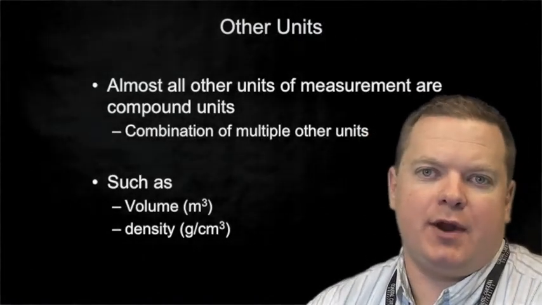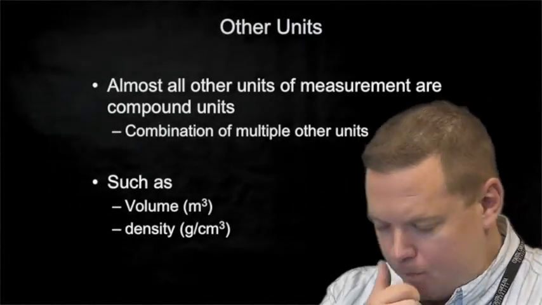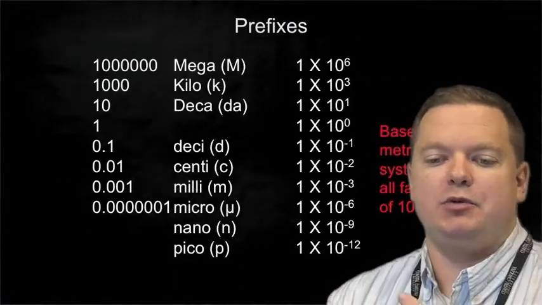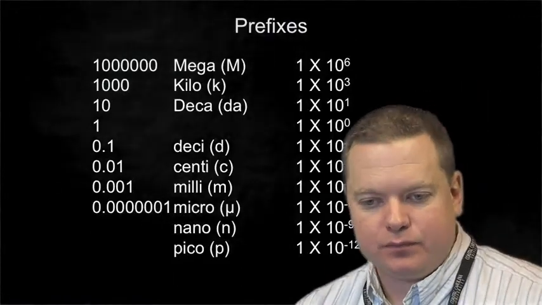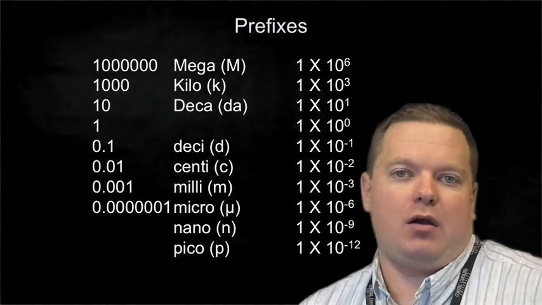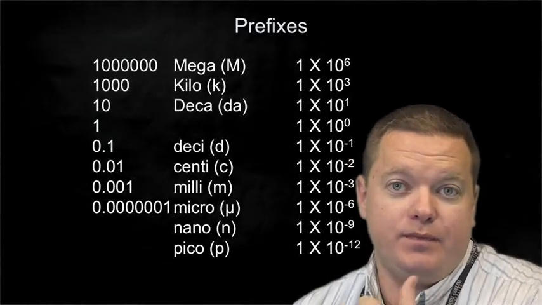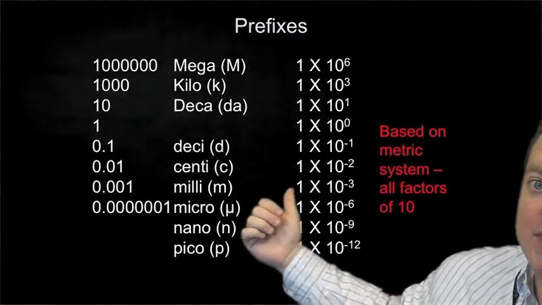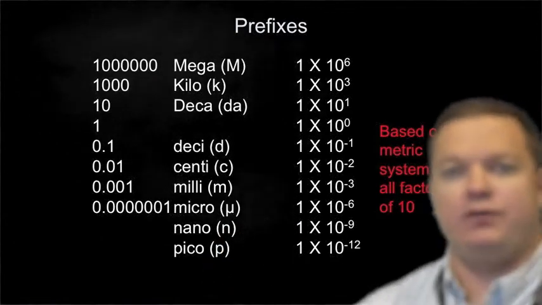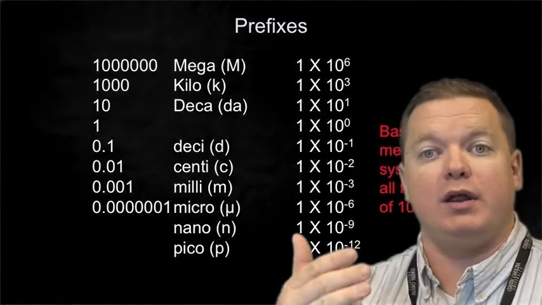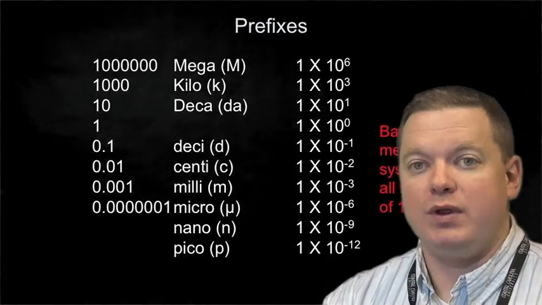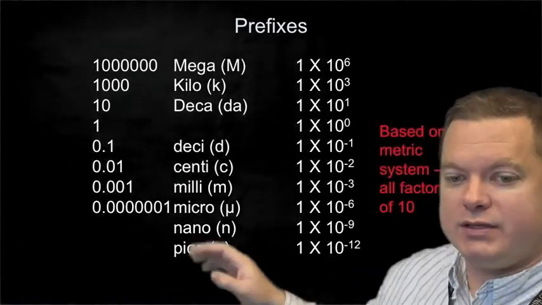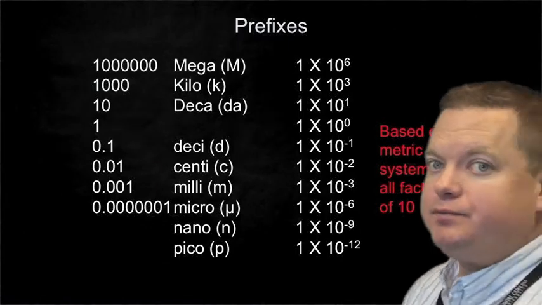We talked about the kilograms as having a base unit with a prefix. So let's talk a little bit about what these prefixes are. What those typically mean is that all of the base units that we're working in that have a prefix are based on the metric system, or this factor of 10. So if we increase that by a factor of 10, we're going to change the prefix. It's all equal to this value of 1 here.